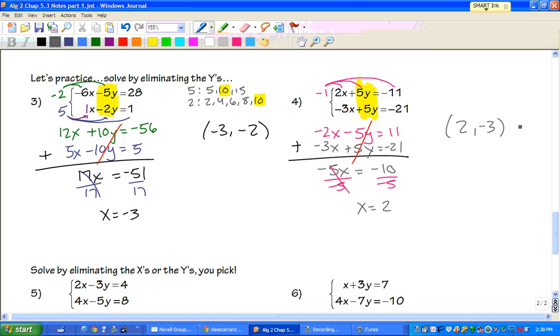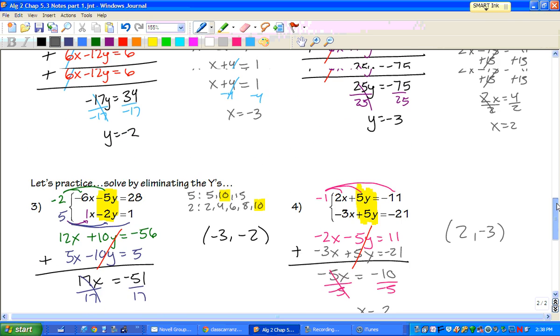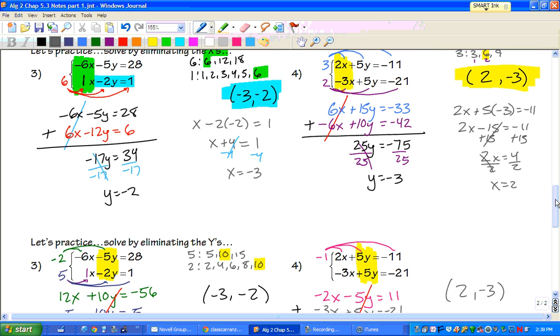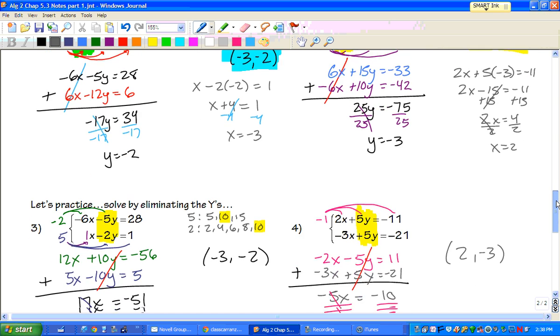You should get negative 3. You know why? Those were the same problems we just did. Okay? It just proves to you that you guys can cancel either the x's or the y's. It's whichever method you want to do. Just find the one that looks easier to eliminate and do it.